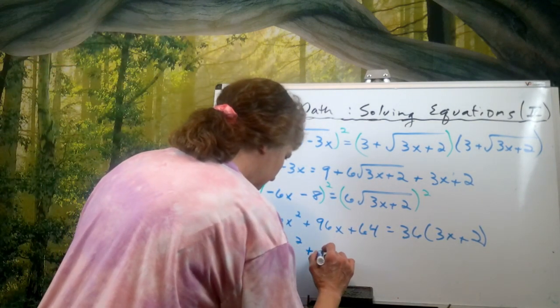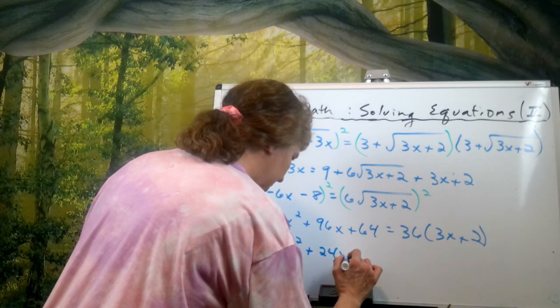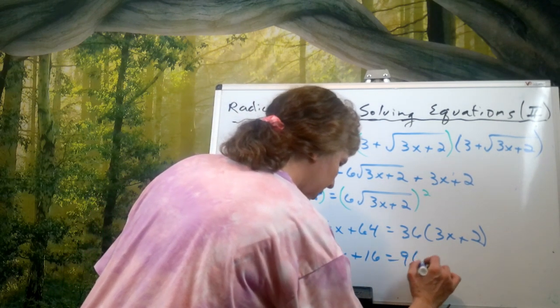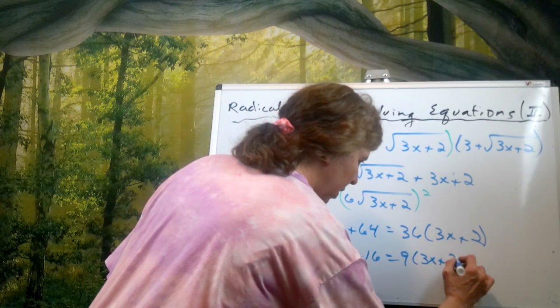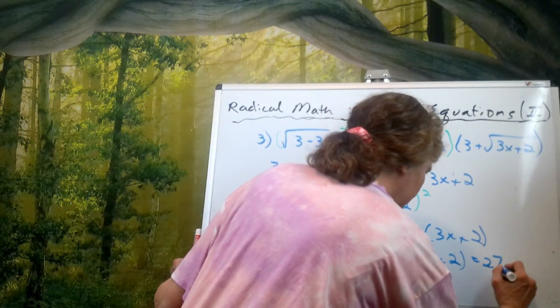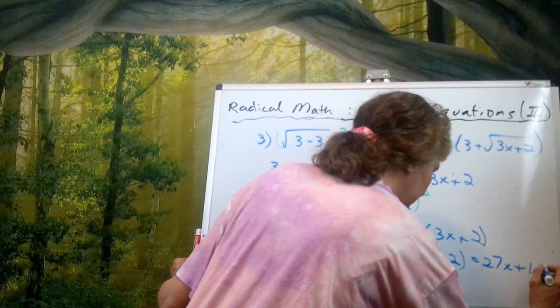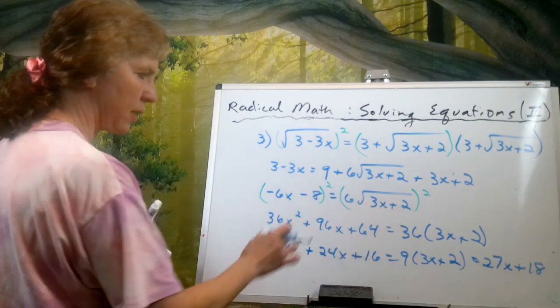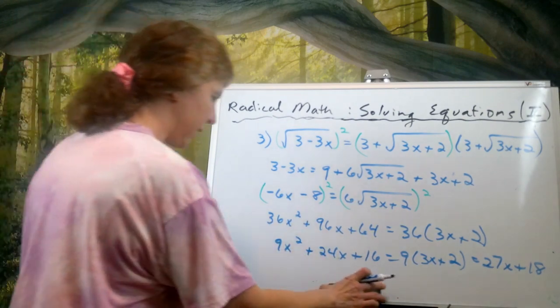So that'll be 24, that'll be 16, and that'll be 9 times my 3x plus 2. And I'm going to go ahead and multiply that out too. 27x plus 18.